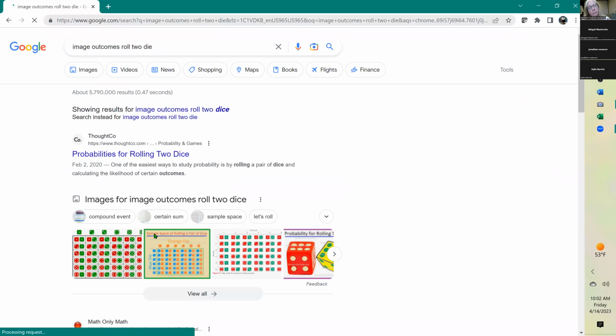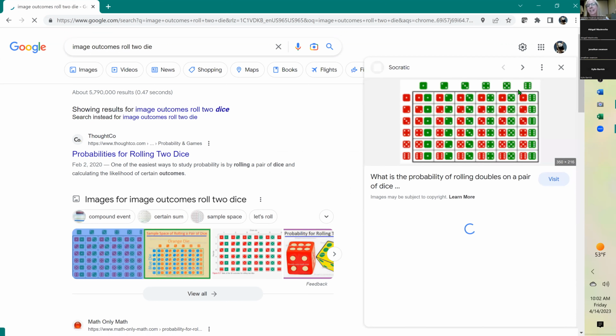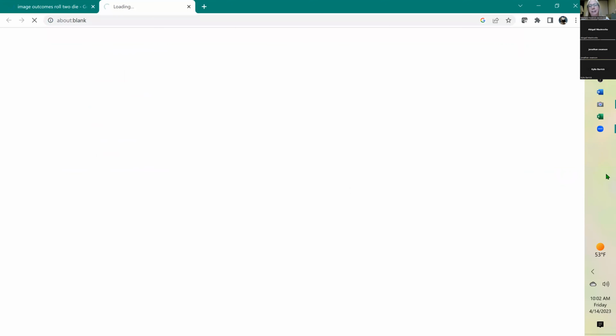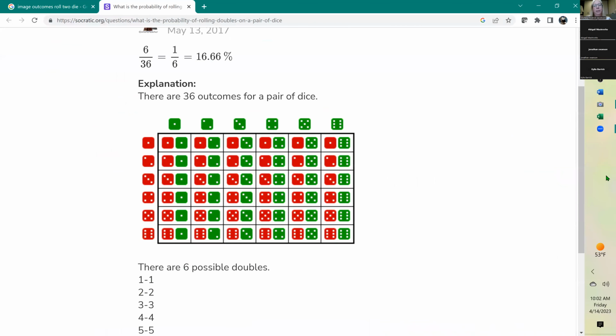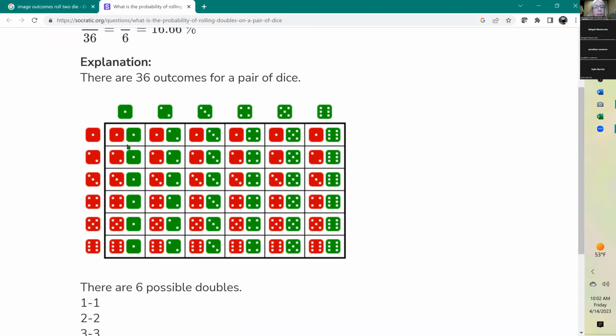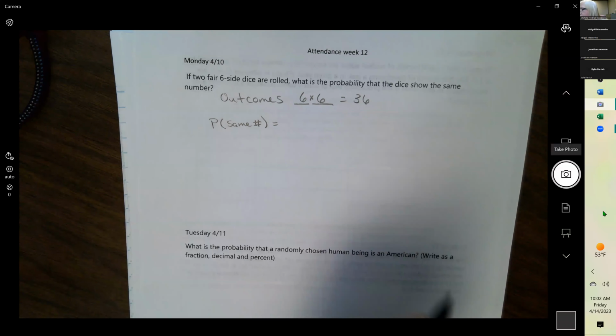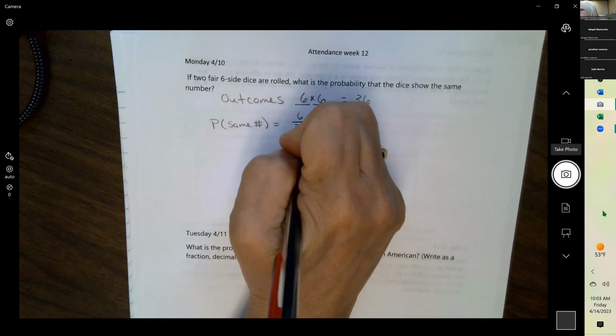Rather than me writing all of them, we'll just find a picture on the internet. So this is the 36 possible outcomes, and we listed them last class. Notice the doubles. There's 1, 2, 3, 4, 5, 6, and there's only 6. So there's 6 out of the 36.